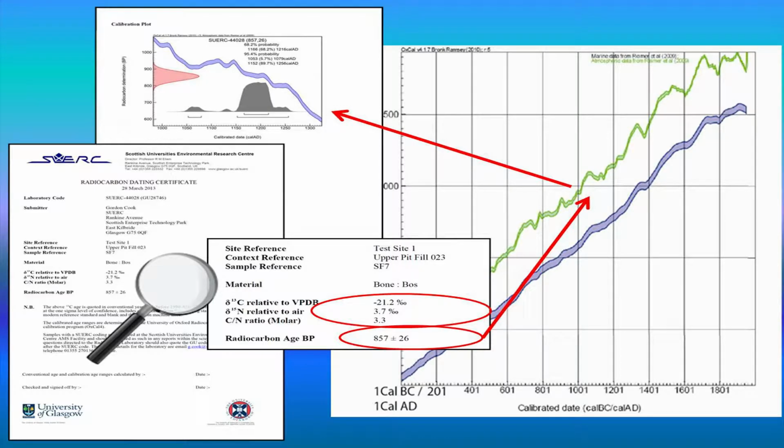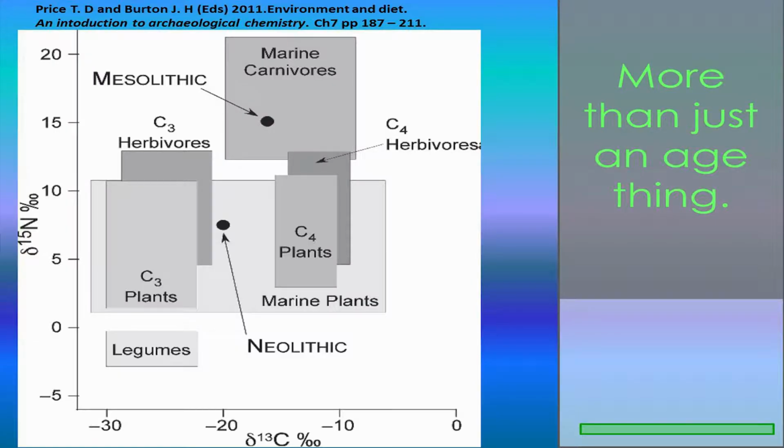We also give some stable isotope information, which is that carbon-12 and 13 that I mentioned, and this can give some dietary indications, and it also acts as a quality control indicator. With regards to diet, this is a very typical slide. I'm looking at the difference in C13 in a Mesolithic and a Neolithic diet.